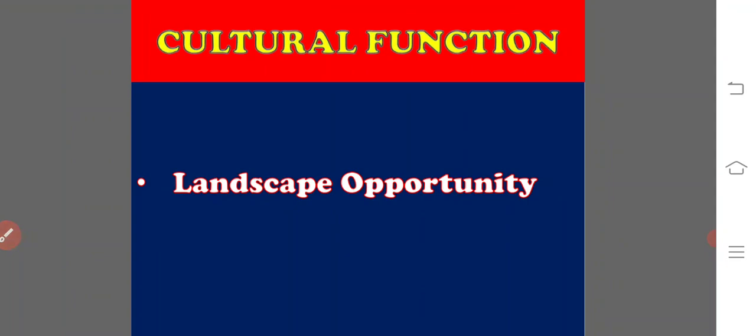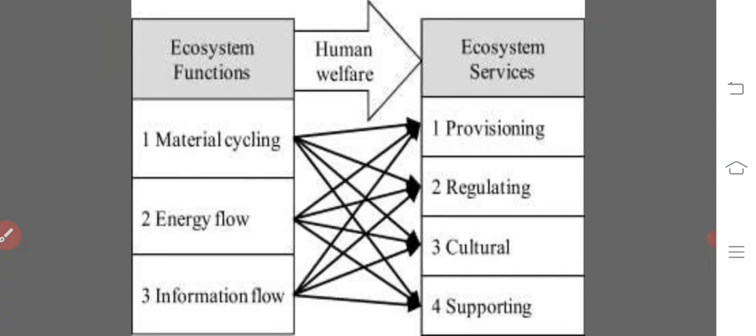Now the ecosystem functions are natural processes, characteristic exchanges of energy that take place in the various animal and plant communities of the different biomes of the world.